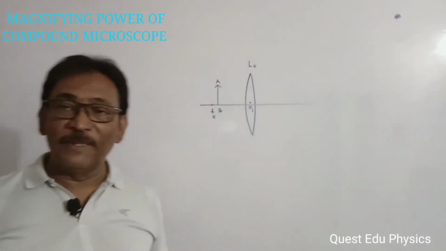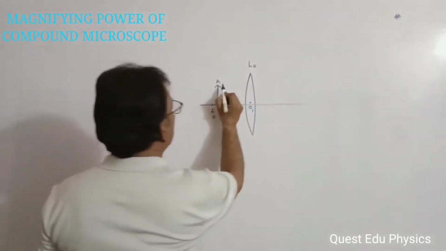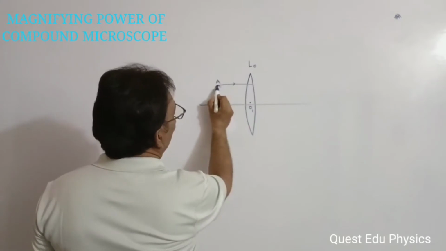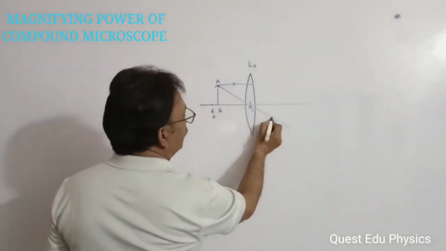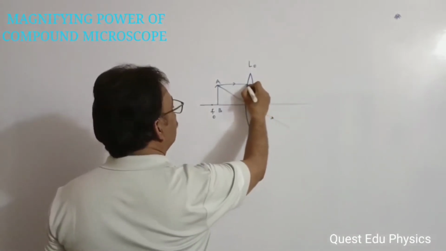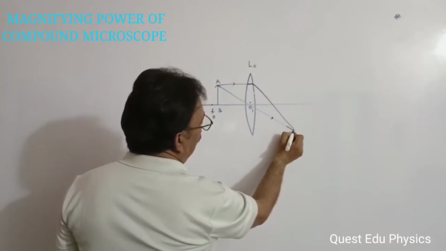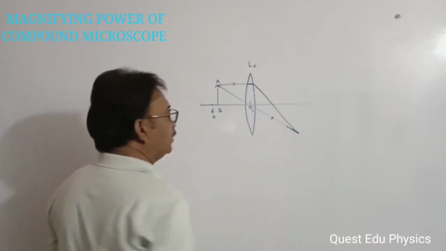You know the method of image tracing. One ray has to pass parallel to the principal axis. Here it is the ray which is passing parallel, and one has to pass through the optic center. After refraction, they meet at a particular point, and we get the image.